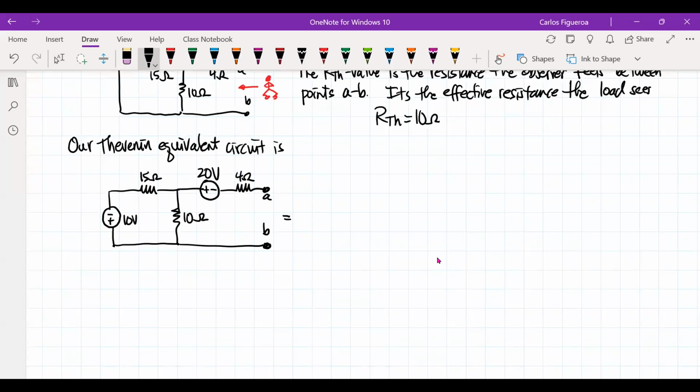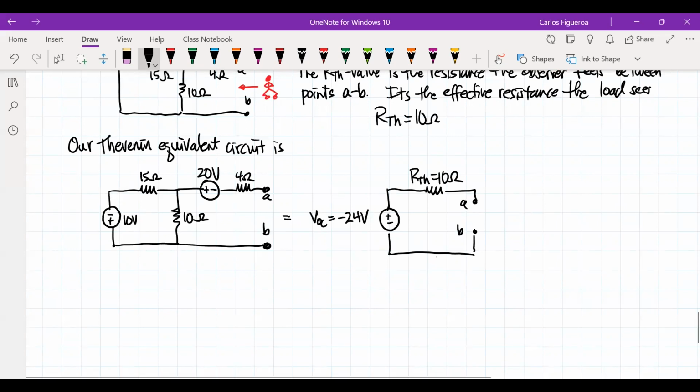So my Thevenin equivalent is then going to be VOC, which is minus 24 volts. And then I have a Thevenin resistance, which is 10 ohms. And I can replace this circuit by that circuit. So this is my Thevenin equivalent.